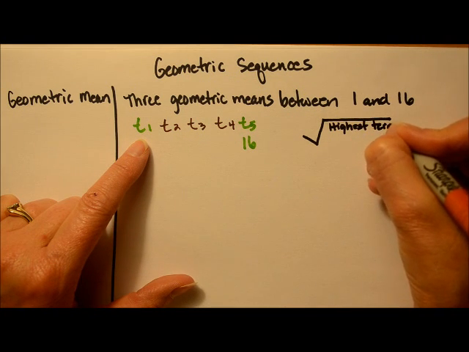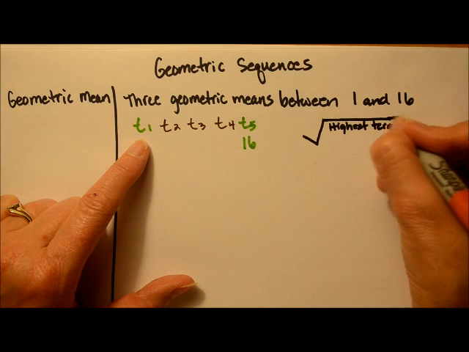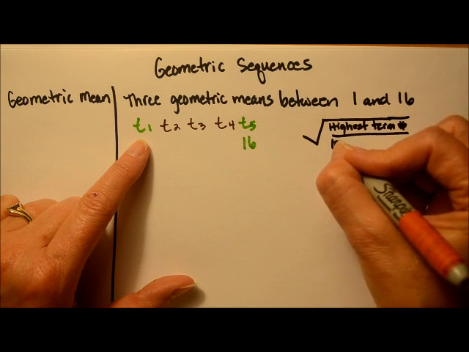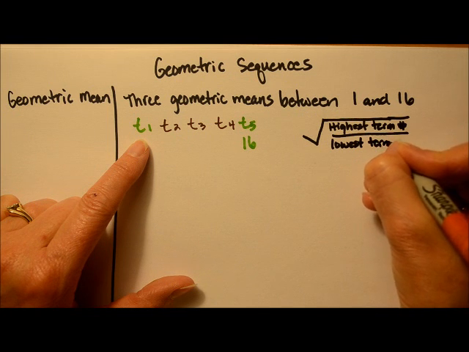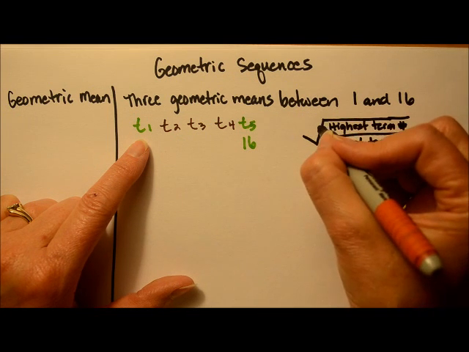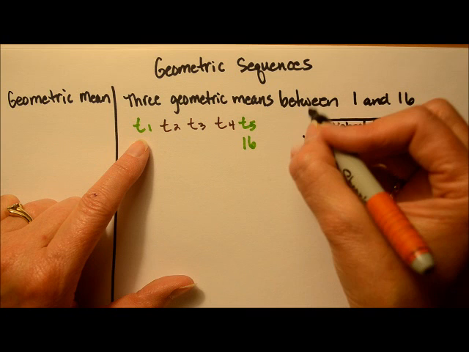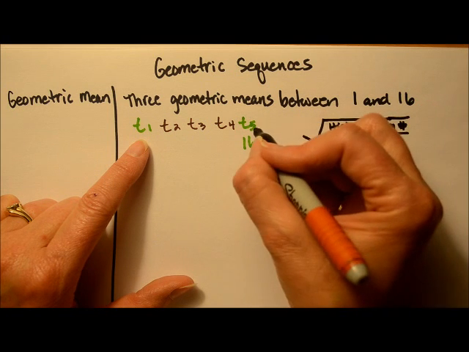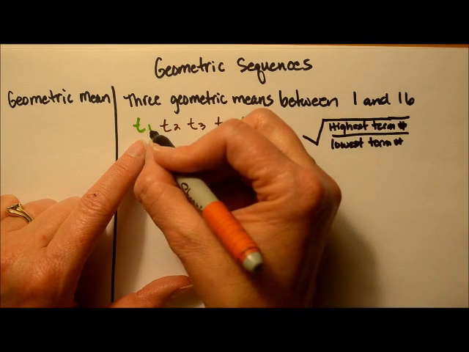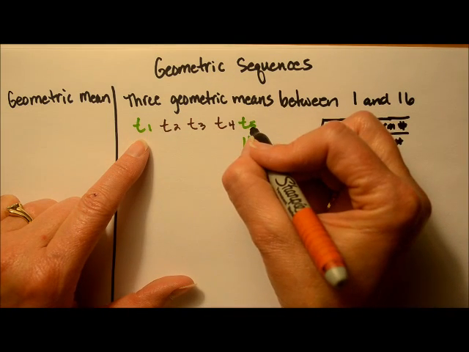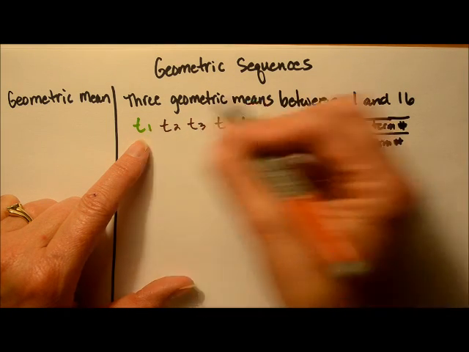Highest term number over the lowest term number. And here, this is going to be your sub, okay, minus the other. So now I'm going to use this number minus this.